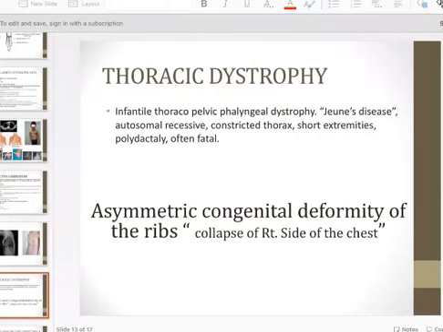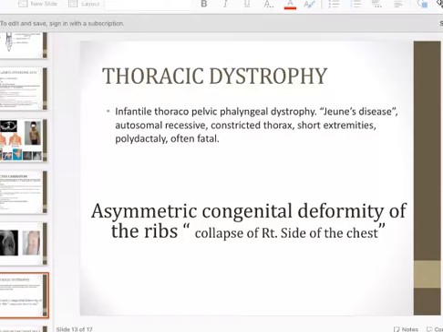The mortality rate is so high and it is fatal. Maybe I have not seen these cases except in the museum of the Royal College of Surgeons in Edinburgh; in my own practice I have not seen this thoracic dystrophy.